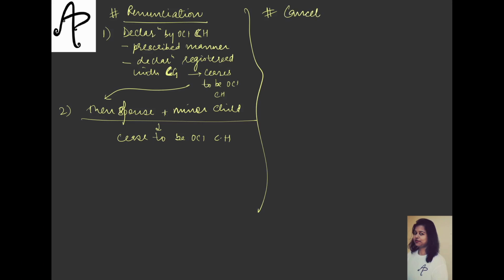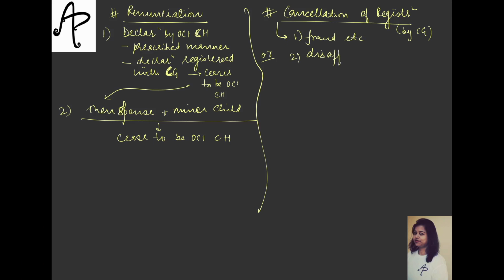And then your registration can be cancelled also. So cancellation of registration, इसका क्या होगा? In this case, of course, that has to be done by the central government. So what are the cases in which it can happen? Firstly, if the registration has been obtained by fraud, etc. Okay? Or you show disaffection towards the constitution.